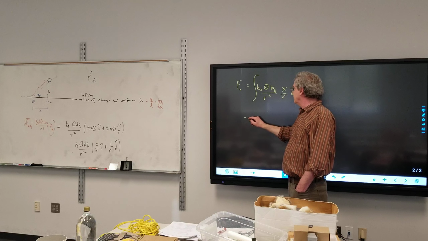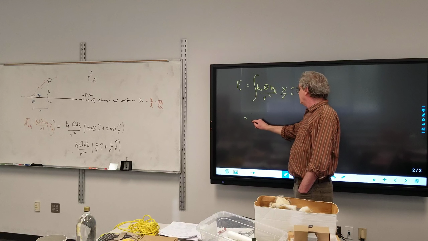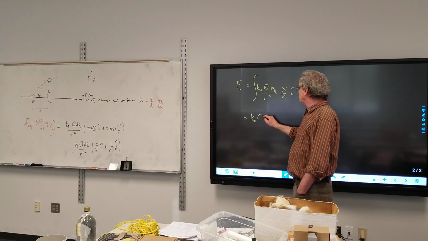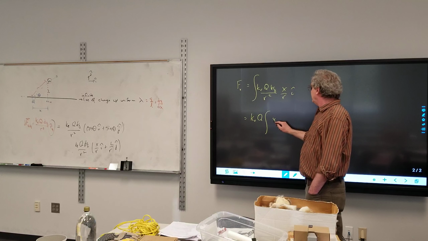Or writing it out in perhaps simpler form, k_e Q, those are constants, times the integral of x dq.